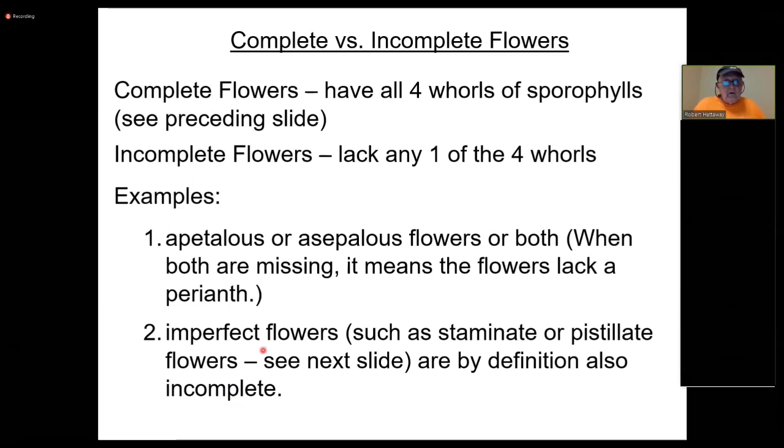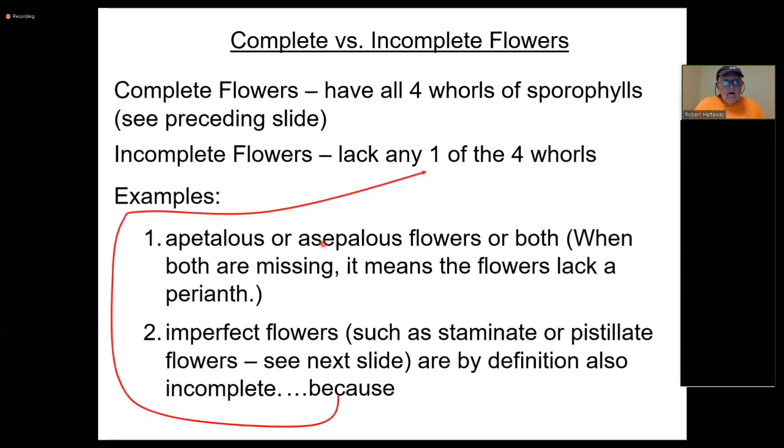Now, okay, apetalous or asepalous is like saying aseptic. It means without infection. A means without sepals, without petals, or without sepals. So any one of those fits the definition of incomplete.